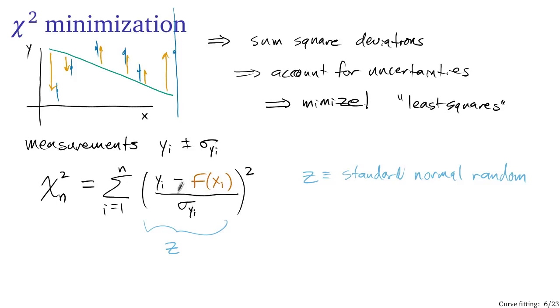So, subject to this assumption that the deviations are on average 0 and that the standard deviation is an honest estimate of the uncertainty in our number, these should approximate standard normal random variables. Summing them up after squaring them gives us something that's chi-square.